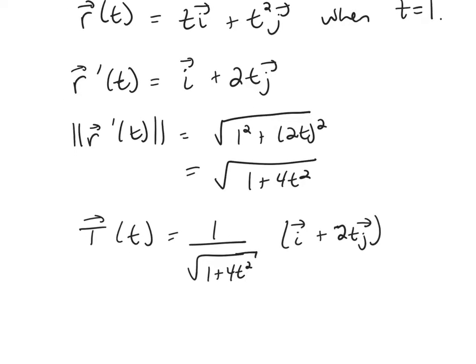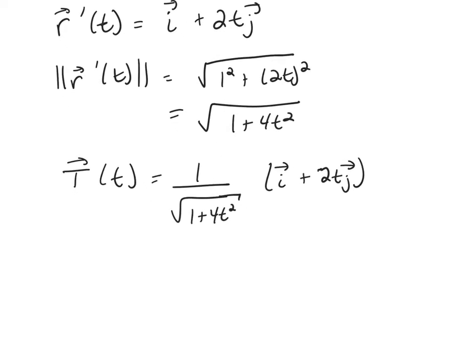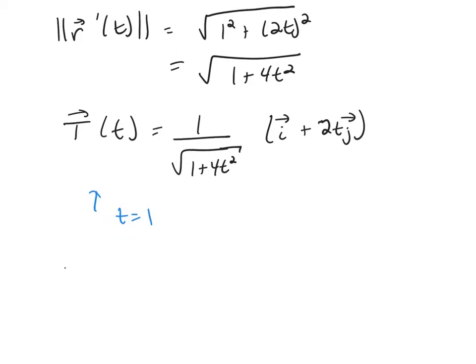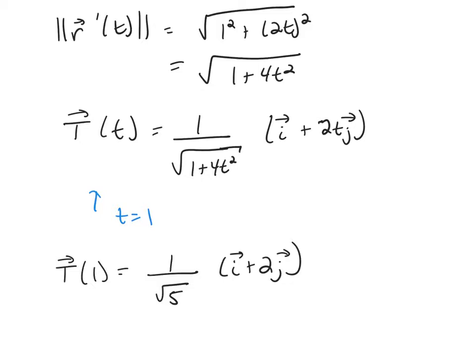So there's my formula for the unit tangent vector in general, but I wanted the unit tangent vector when t equals 1, so you're just going to substitute in t is 1, you're going to get 1 over the square root of 5 times i plus 2j.